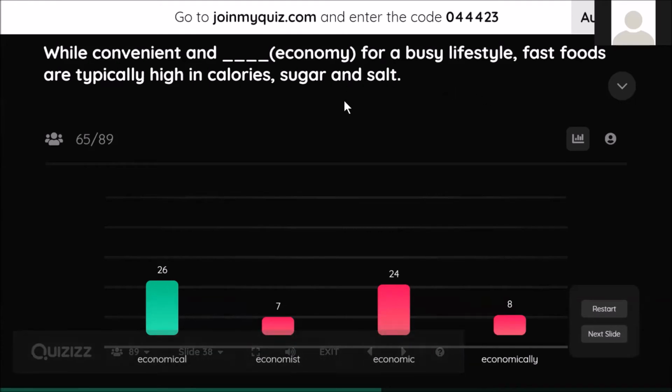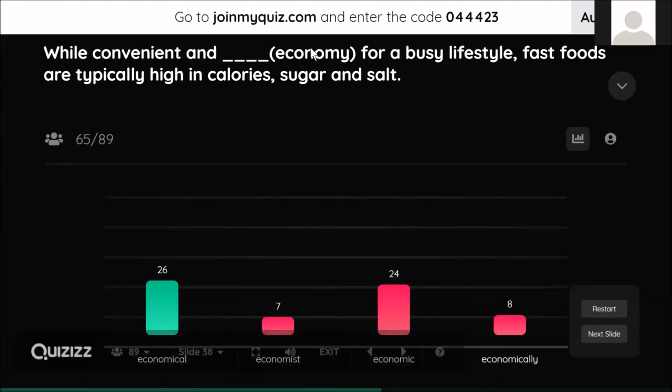So while convenient and for a busy lifestyle, fast foods are typically high in calories, sugar, and salt. So and convenience 是形容词，所以后面 and 也是形容词。所以这边有两个 answer: economical, economic. The answer is economical. Why is it economical? Economical means 经济 means it is cheap.